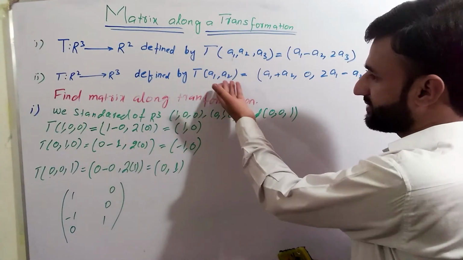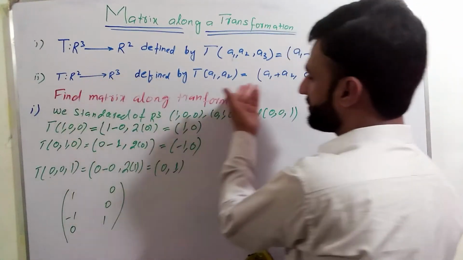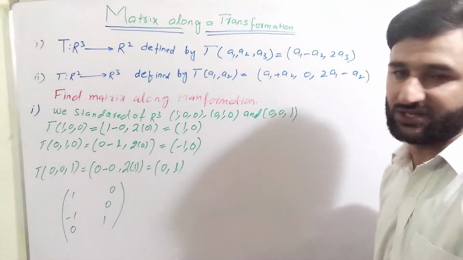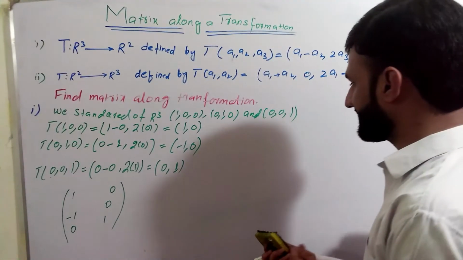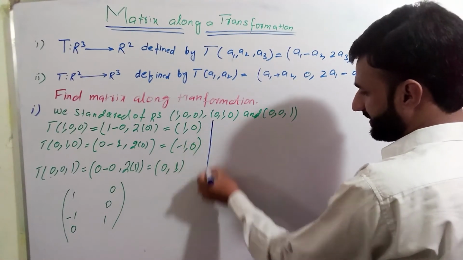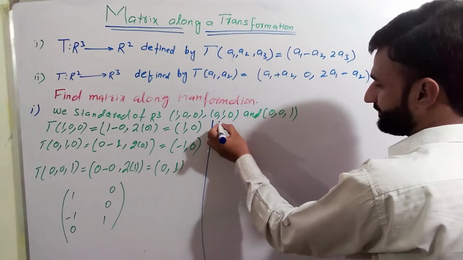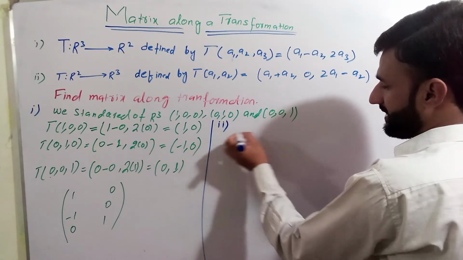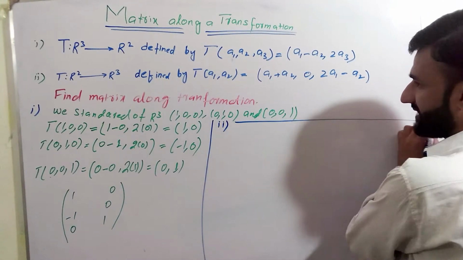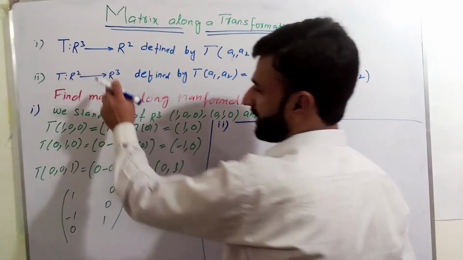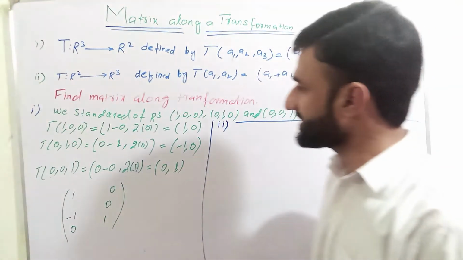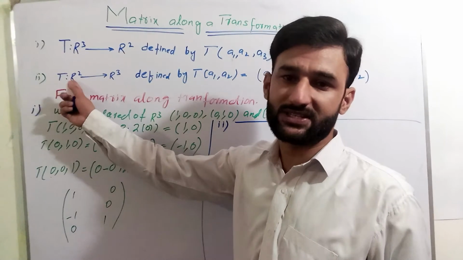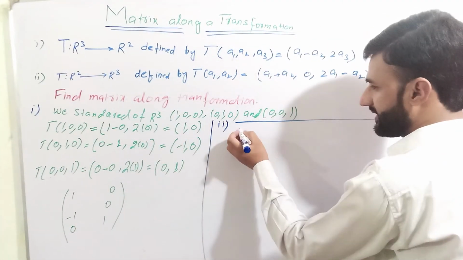Right. Now we choose the second example. How can you find the matrix along the second transformation? Here we write the second example. We know that here it is R2 to R3, so we must understand the standard basis of R2.